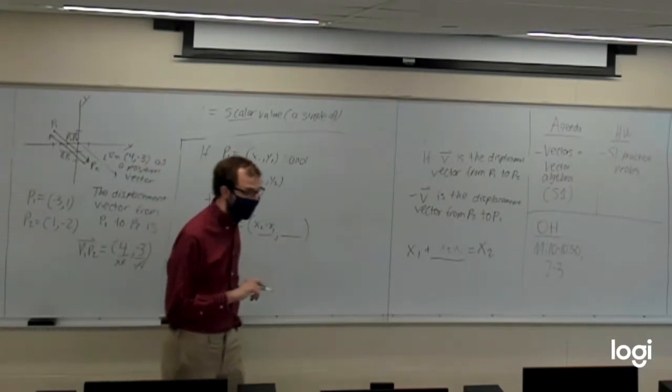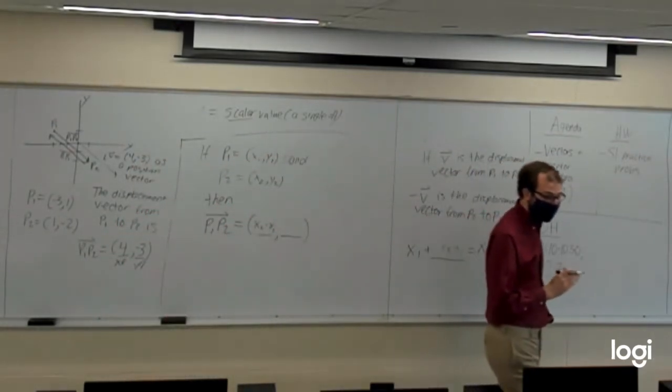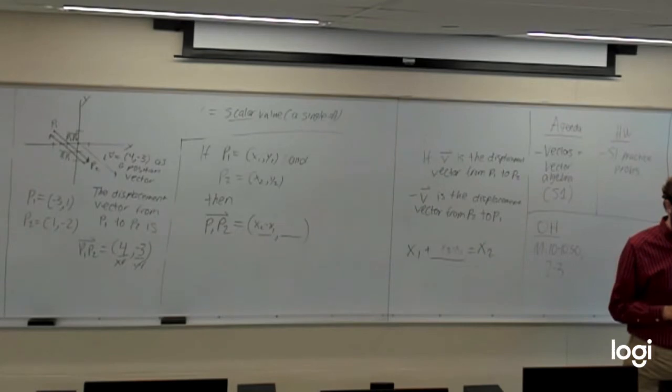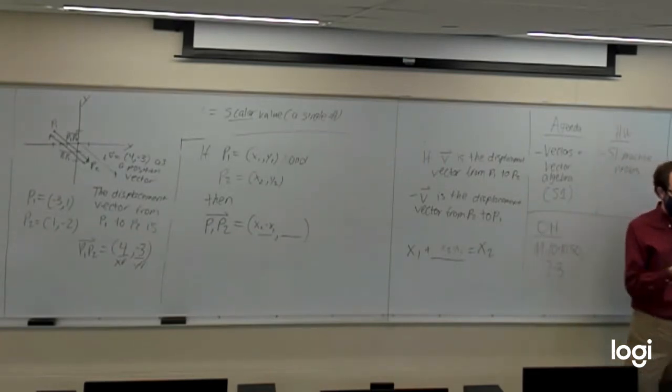Someone other than Madeline and Garrett. It would just be like the whole y2 minus y1 again. I'm sorry, what's your name again? Elizabeth. Elizabeth. Yes, I think so. Instead of saying x2 minus x1, we could say y2 minus y1.